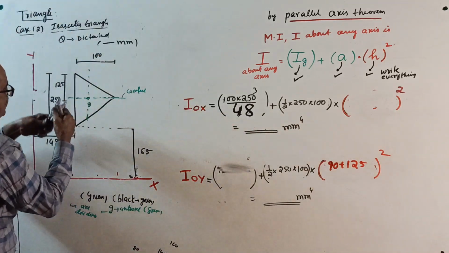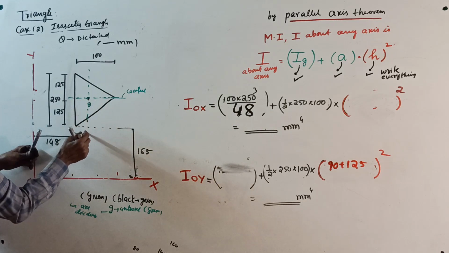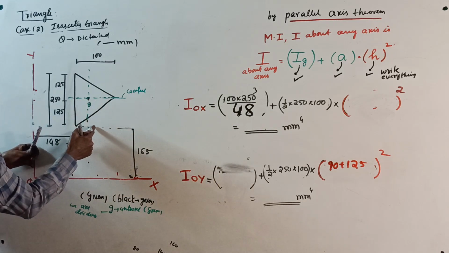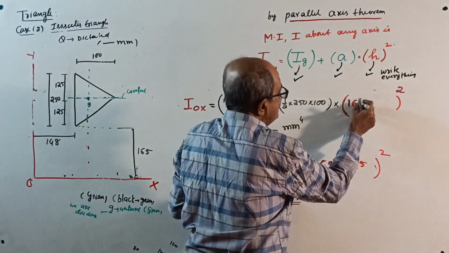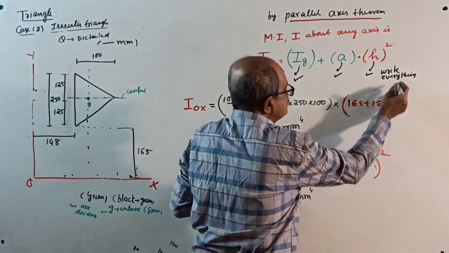Then plus area into this distance square. That is 165 plus 125, 165 plus 125 plus 125 whole square.